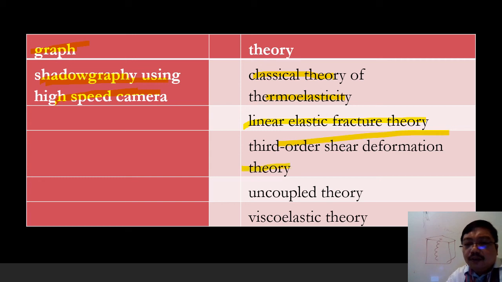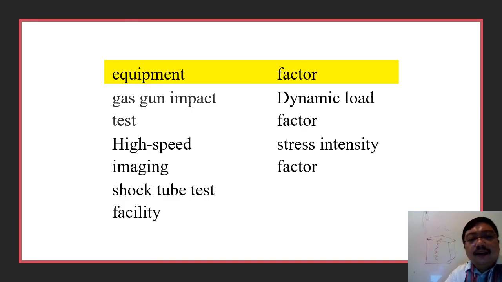In your chapter 1: classic theory of thermoelasticity, linear fracture theory, third order shear deformation theory, uncoupled theory, viscoelastic theory. Equipment: gas gun, high speed imaging, short tube test facility, dynamic load factor, intensity factor.